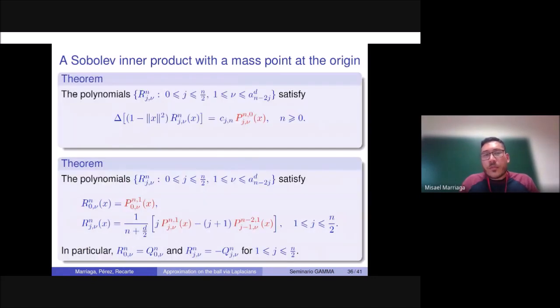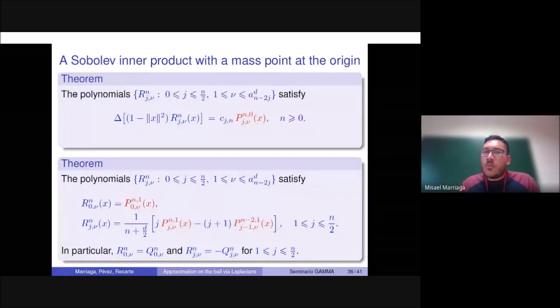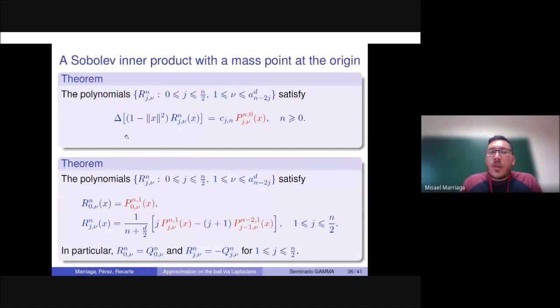Okay, once we have the construction, we started to look for similar properties as before. And something that happens is that we also have a relationship between this new basis and the classical one with the same coefficients. So we are starting to feel a little bit suspicious.